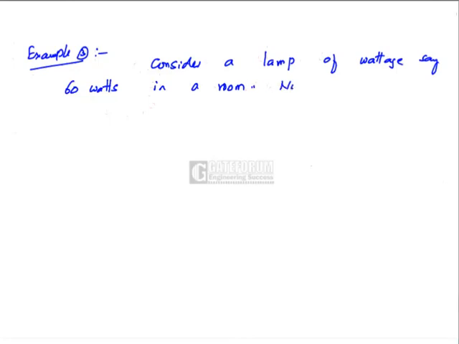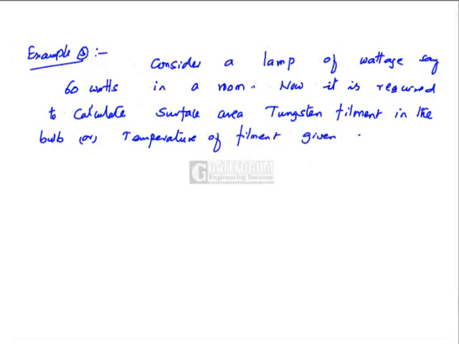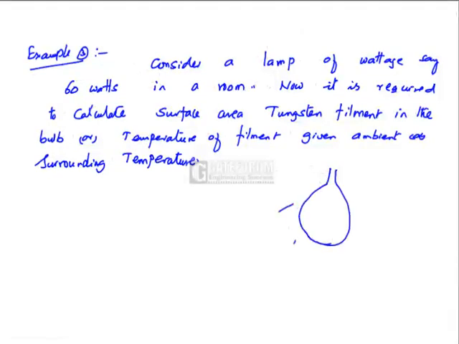Now it is required to calculate the surface area of the tungsten filament in the bulb, or the temperature of the filament, given the ambient or surrounding temperature. There is a bulb, 60 watt bulb.